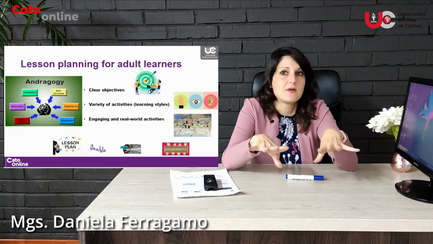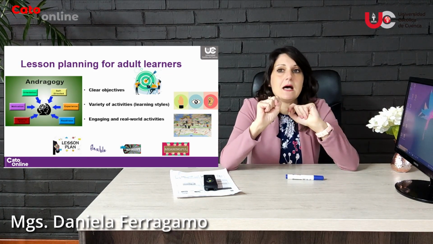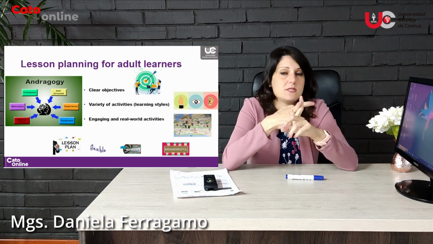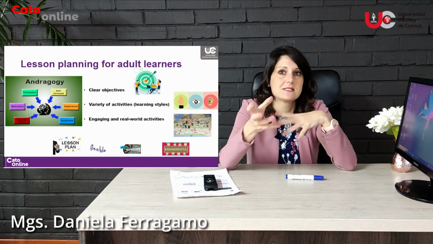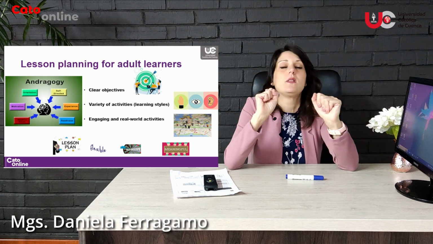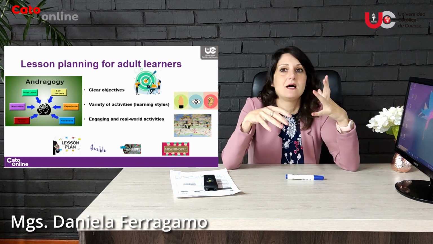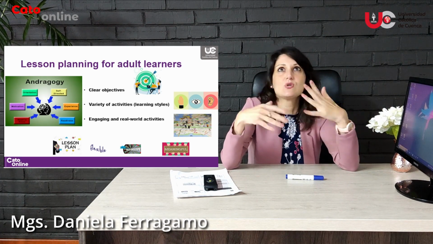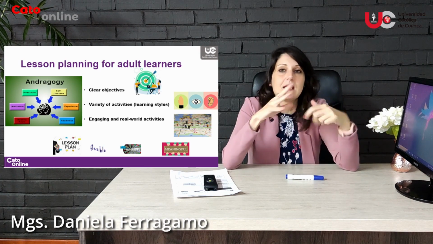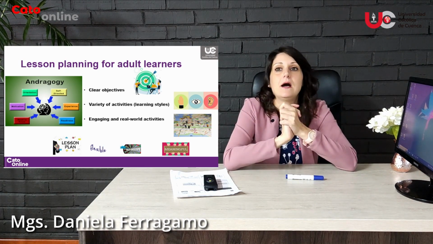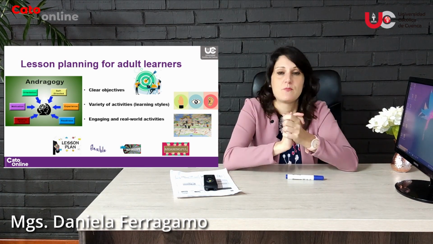So we know that we have 3 main learning styles that are kinesthetic, visual, and auditory. So we have to focus on activities that may cover all the different learning styles in order to help our students give their best in the learning process.